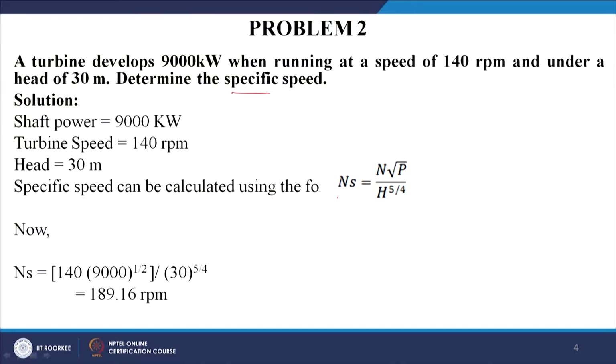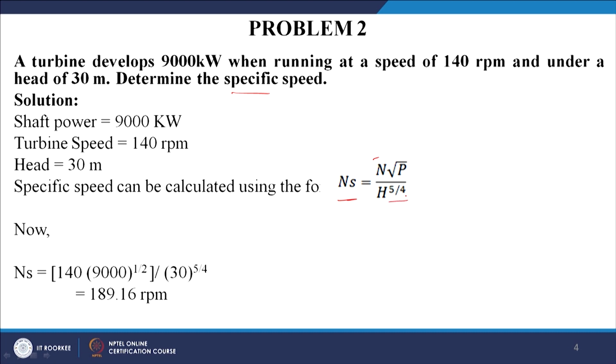As we discussed in the previous class, Ns, the specific speed, can be related with the speed of the turbine, the power rating of the turbine, and the head available. So, Ns equals N into root P by H to the power 5 by 4.